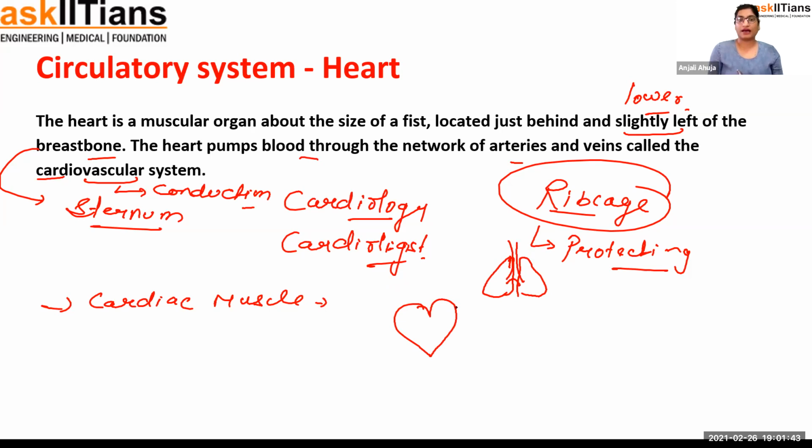From the heart, blood goes to the lungs through the pulmonary artery for the exchange of gases. Oxygen and carbon dioxide are exchanged in the lungs. After that, through the pulmonary vein, the oxygenated blood comes back.